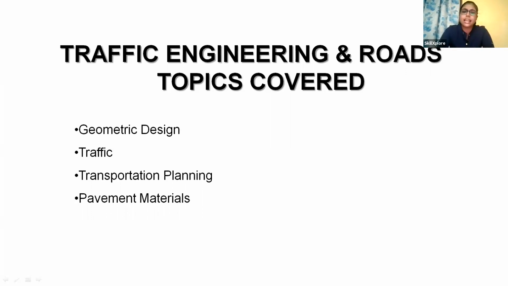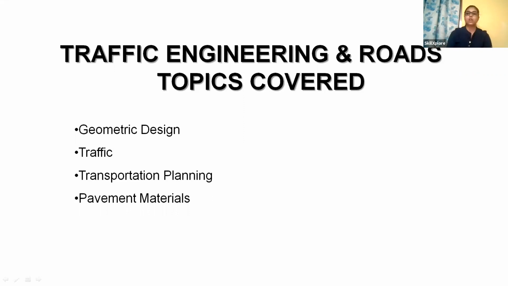And then next is transportation planning. As the name suggests, it is a kind of planning of the transportation system. Planning in the sense, in which aspect we have to plan a transportation system. There will be various kinds of trips, something like resident home-based trips. Home-based trips, maybe if one person is traveling from home to office, that is a home-based trip.